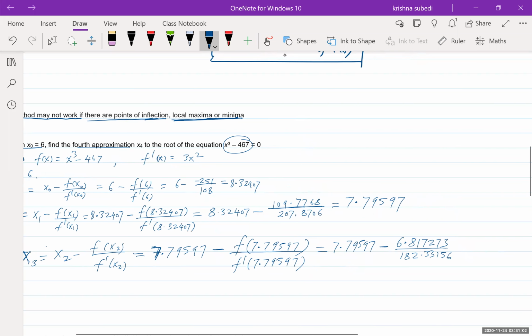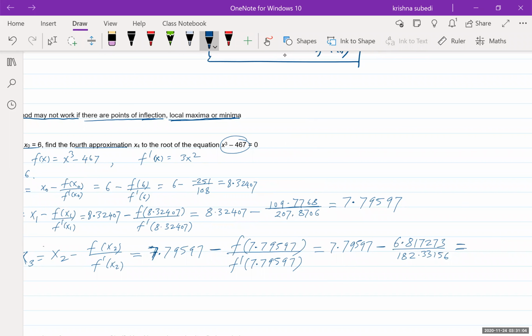But guys, I want you to verify this answer, okay? And so the final answer here is going to be 7.75858. To be on the safe side, you can write approximate sign here like this.